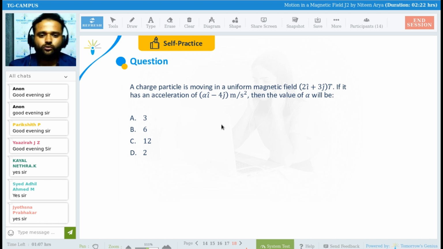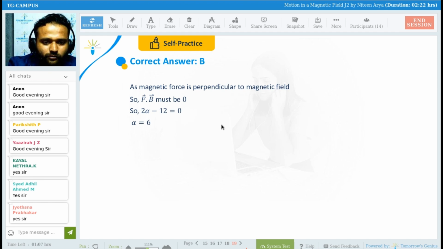One hint I can give you here is how you can solve it. Whenever the charged particle is accelerated, the force is not zero. Then you need QVB, and it is a vector thing. The vector product of this and this is going to be 0, and then simply you can find the alpha value.